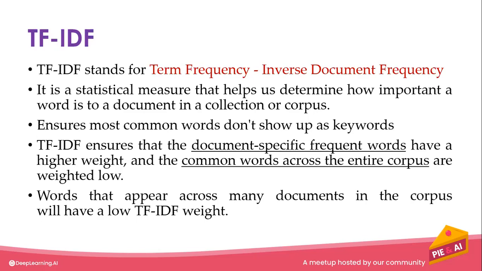In that case, this word malware will have a low weight as compared to the other words. So the unique words in the corpus will have a higher weight, and the words which are not so unique in the corpus will be assigned a lower weight.